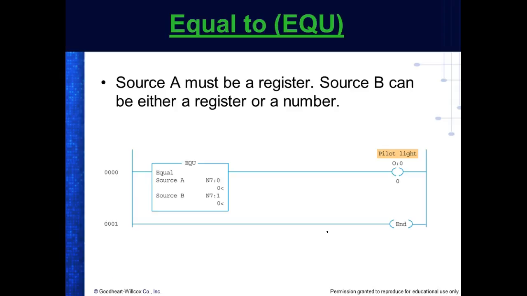Y'all understand the difference between integers and floating points? Integers are whole numbers, right? They use signed whole numbers. It's a 16-bit register for these, and it's signed, so that's why we get negative 32,768 and positive 32,767.